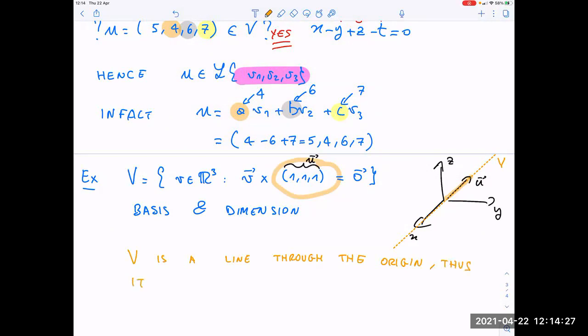Thus it is a subspace of dimension something. And now you tell me a basis. So what is the dimension of V as a subspace of R3? So it's a subspace of R3. What is its dimension?